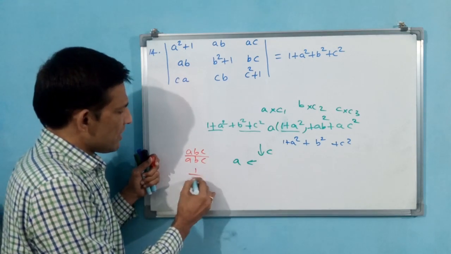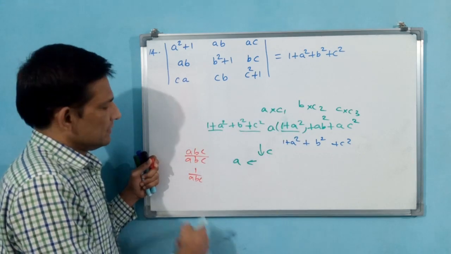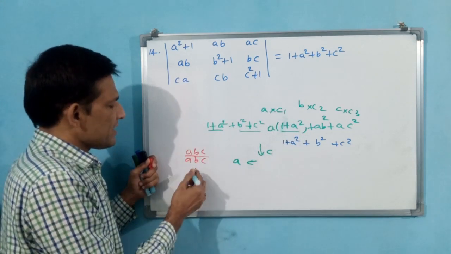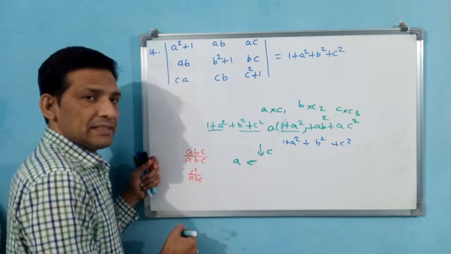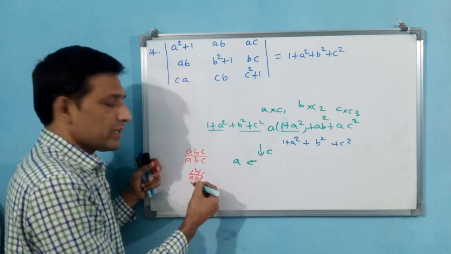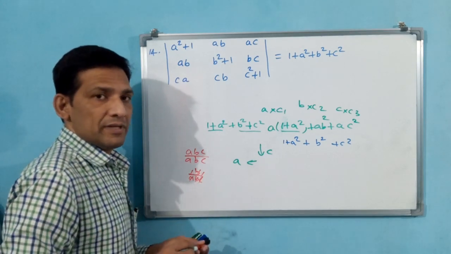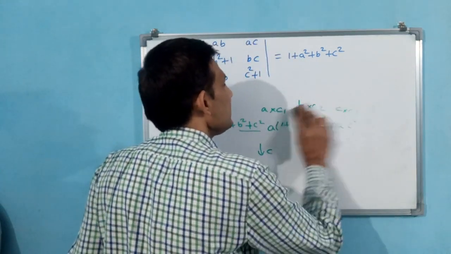That means 1 by ABC you keep and send all ABC inside. After taking ABC again, if you take A it is going to get cancelled. B also, if you take B it is going to get cancelled. C, if you take C it is going to get cancelled. Like that it will be. Okay. Let us do it. You see what I am doing. Observe carefully.